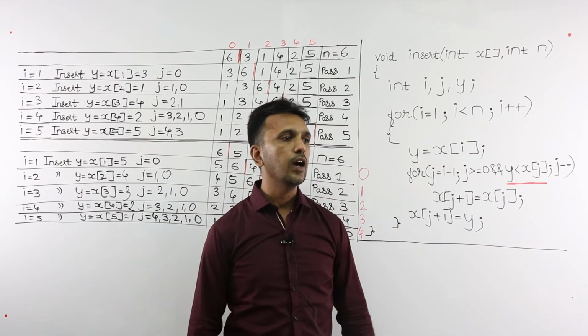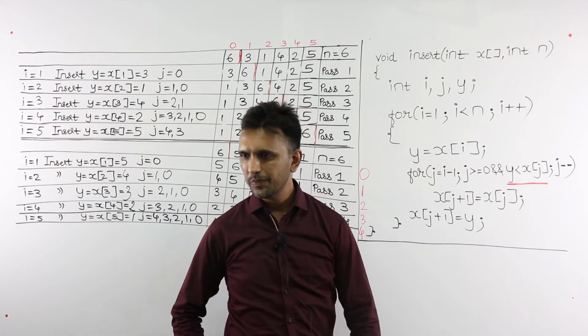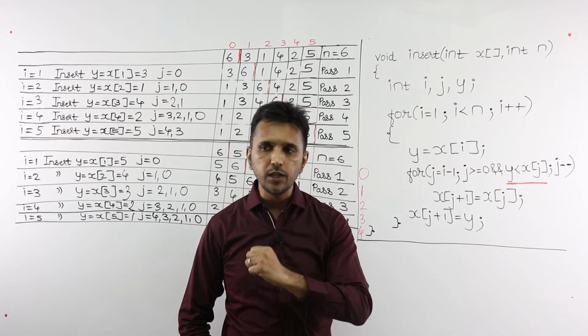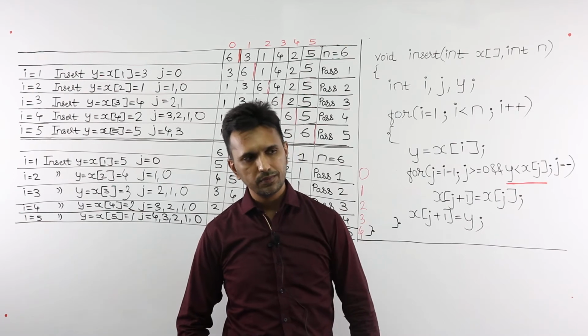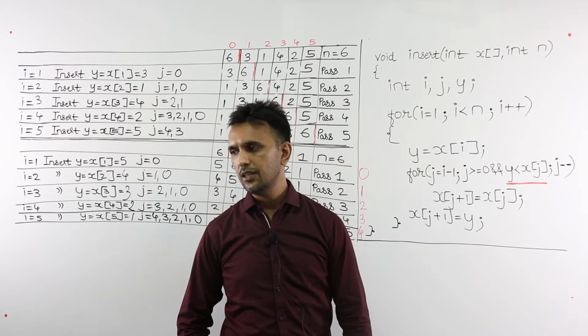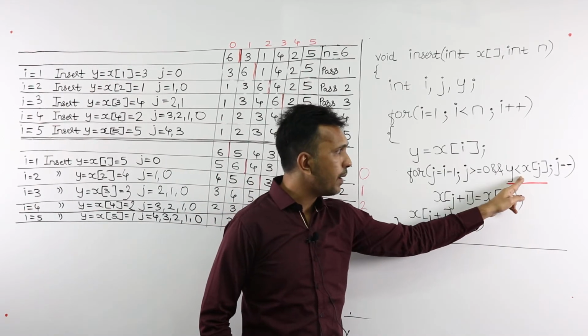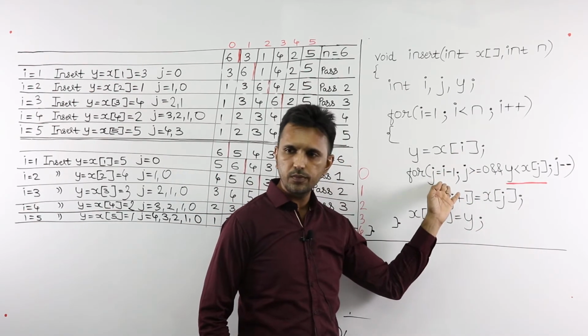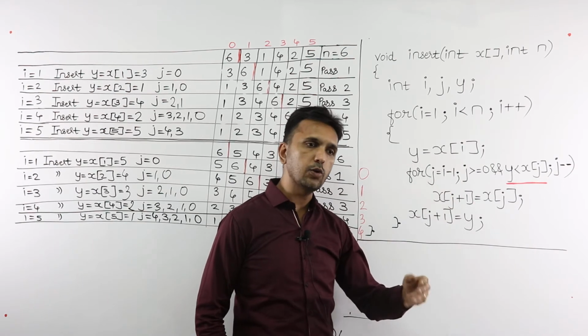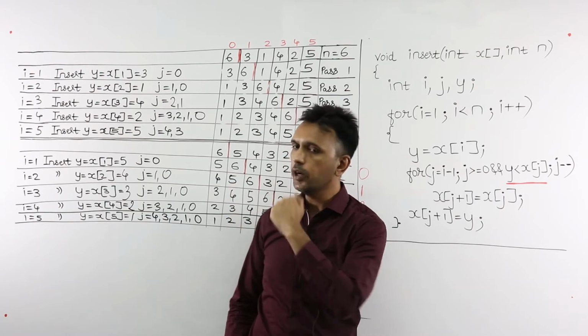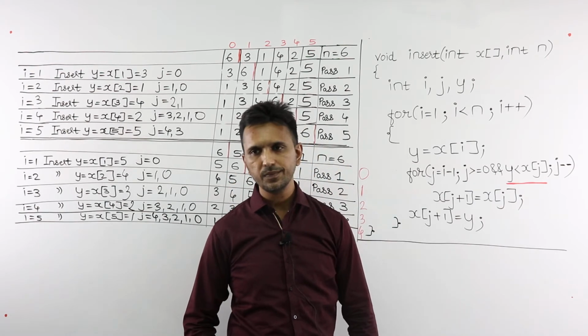Simple. How many times does it execute? If you look a little carefully, you will realize this comparison is a part of the j loop. So, it will execute as many times as the values of j, and that is why we were so interested in the values of j.